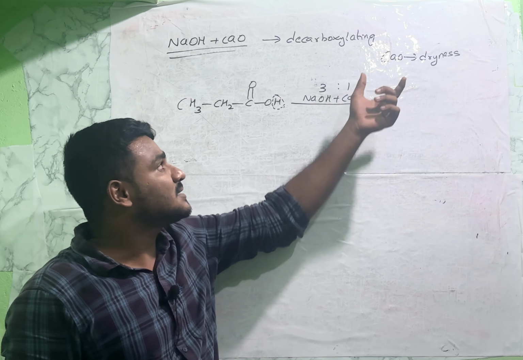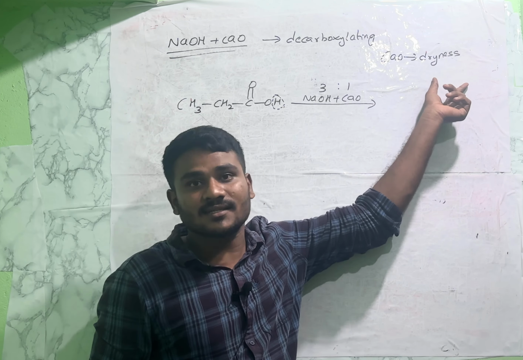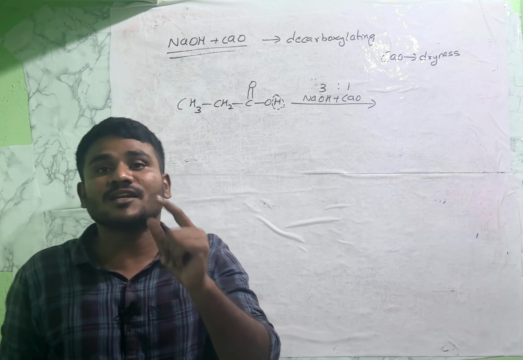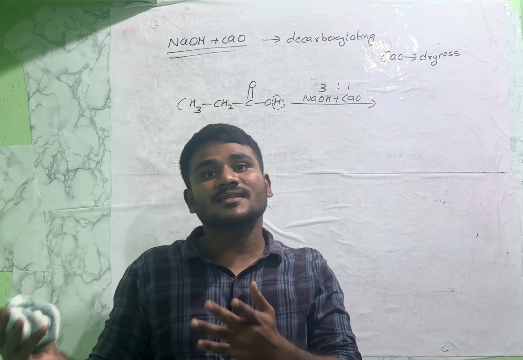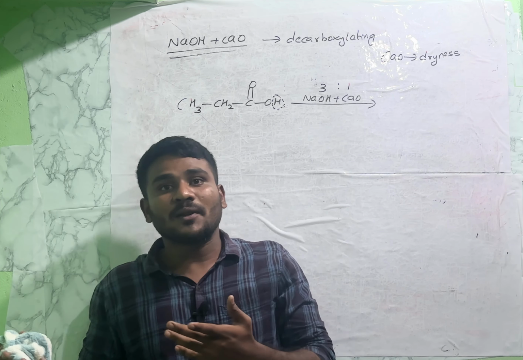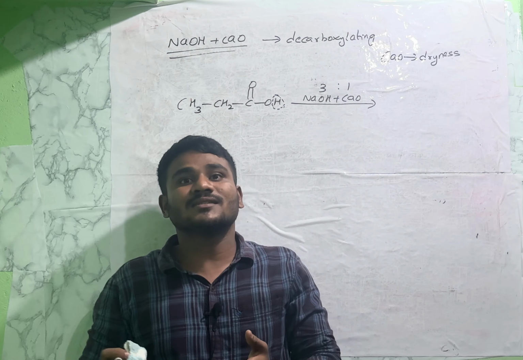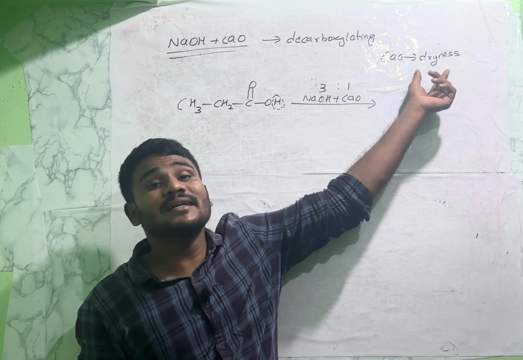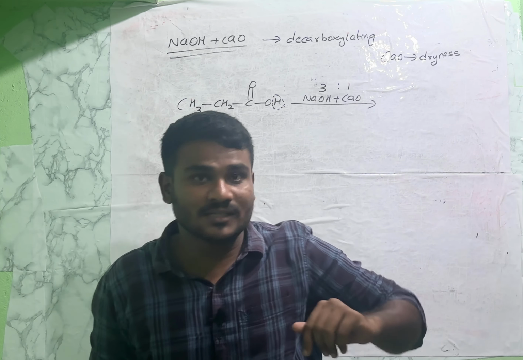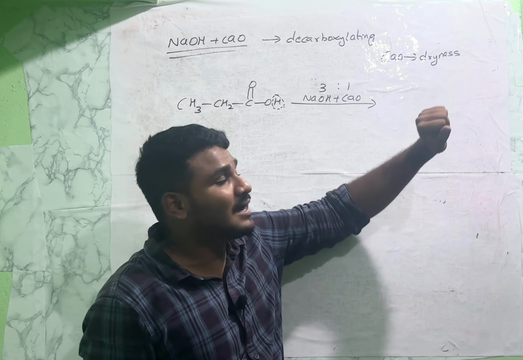After I say CaO is used to maintain dryness in the reaction, the first thing in your mind has to be: why does this reaction have to be protected from water, why does it have to maintain dryness?